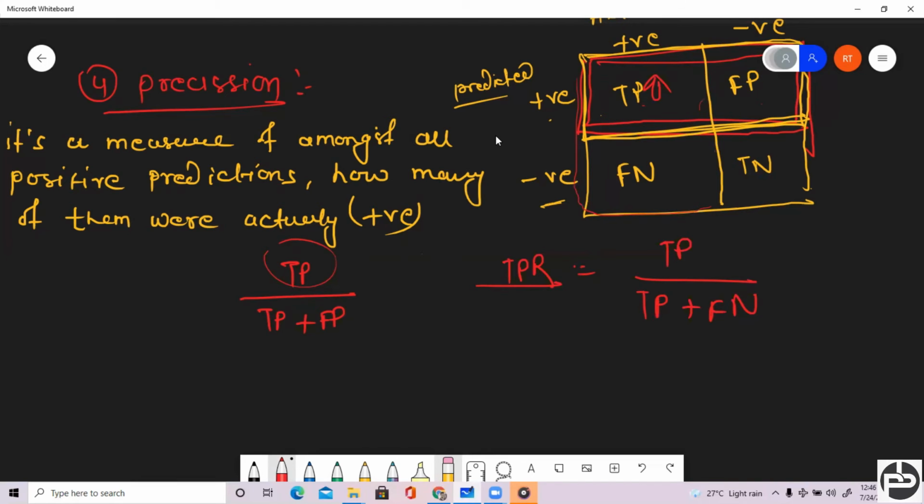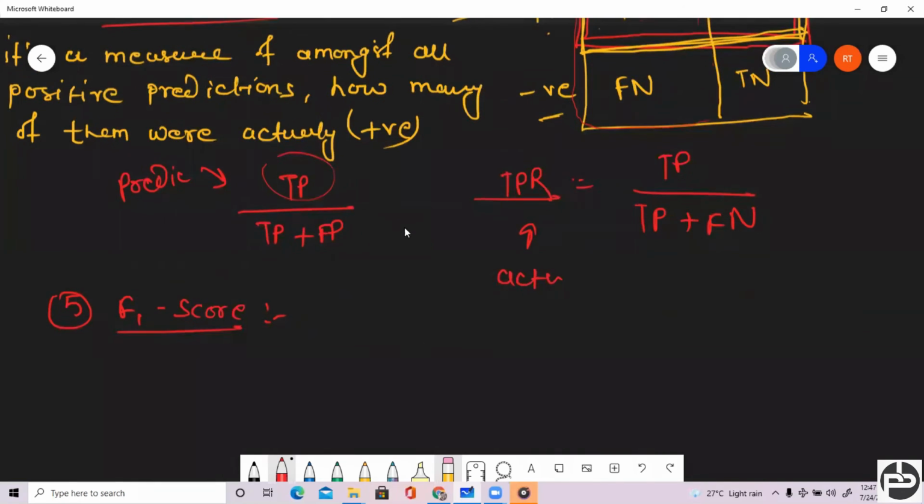In that case, you can go with the F1 score metric. Precision is based on predictions, and TPR is based on the actual value, so both are quite similar. In that case, you can go with the F1 score. F1 score will help you identify which model you should select.